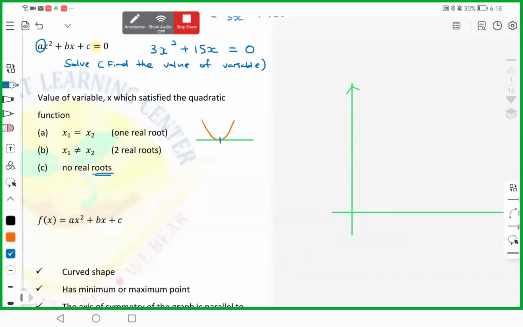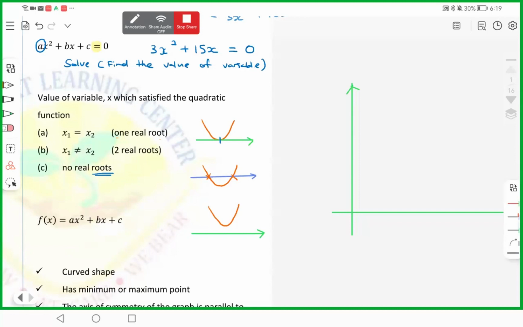If it's two real roots, the curved line will pass the x-axis at 2 points, here and here. Two real roots. What if no real roots? The curved line is hanging and it's not touching the x-axis. You see the difference?